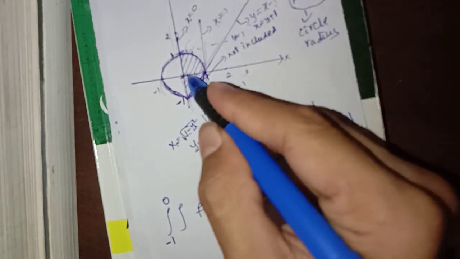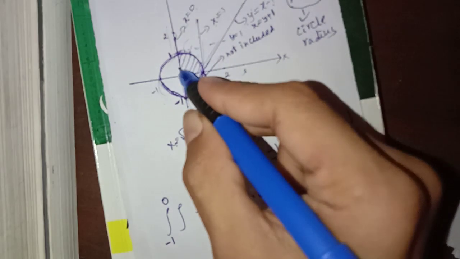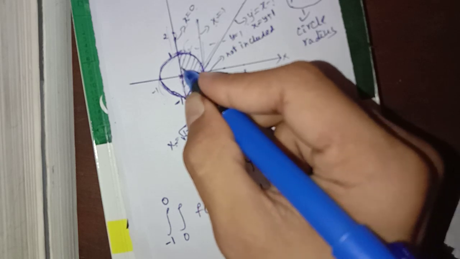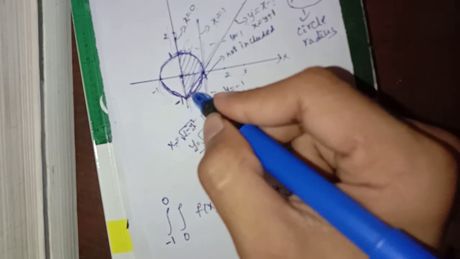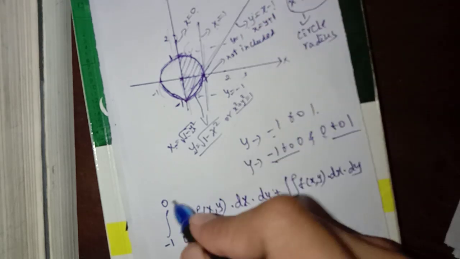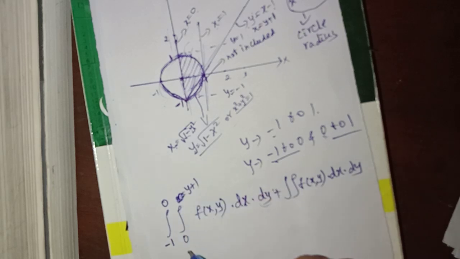Y is equal to minus 1 to 0. What is x here? X is from x is equal to 0. This is the line x is equal to 0. X is equal to 0 to x is equal to y plus 1. So x goes from 0 to y plus 1.